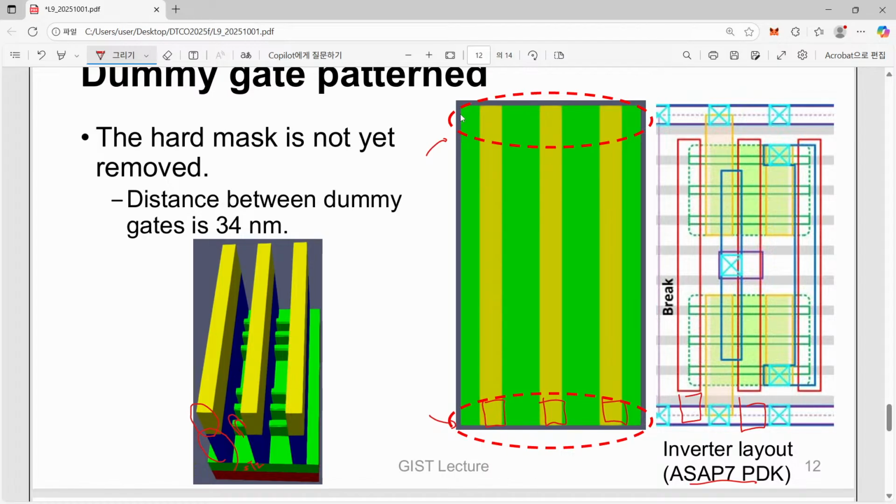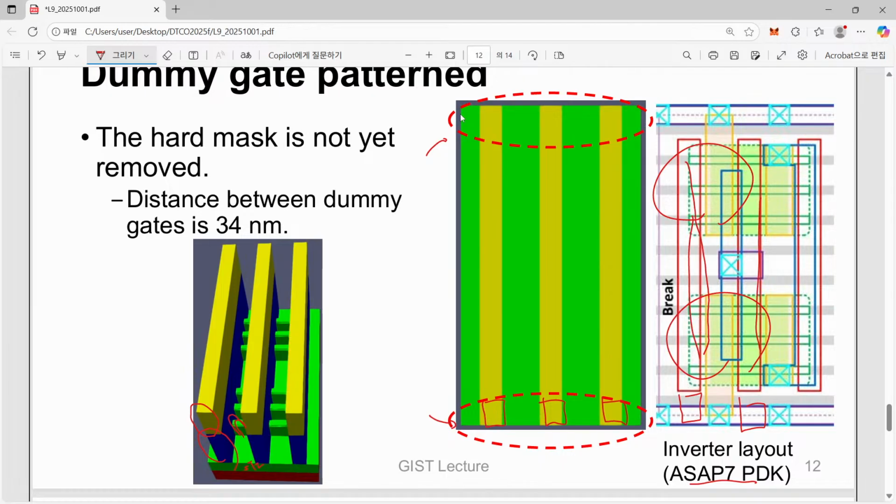It is quite clear because this is a P MOSFET and an N MOSFET in the same inverter, so they should share the input signal. It is quite obvious.